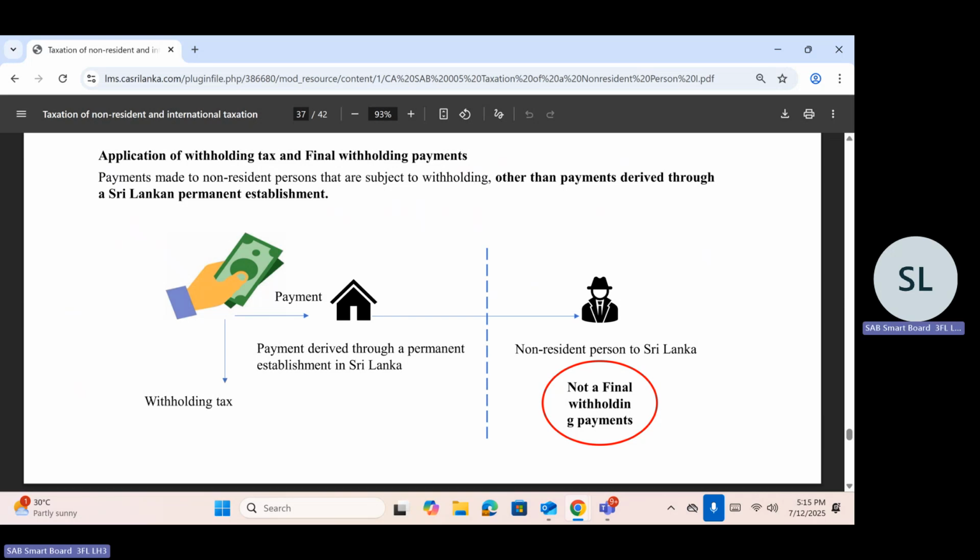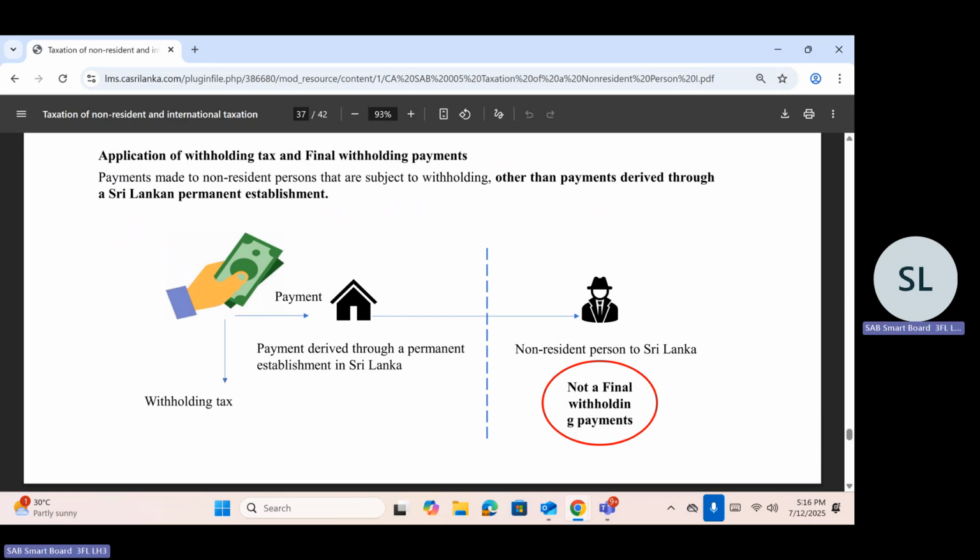When I say final withholding, it is not an advance tax. Remember, final withholding means the tax is paid, done and dusted, finished. No more payment. You remember dividend income is subject to 15% tax, and that is final. It is not subject to further tax.